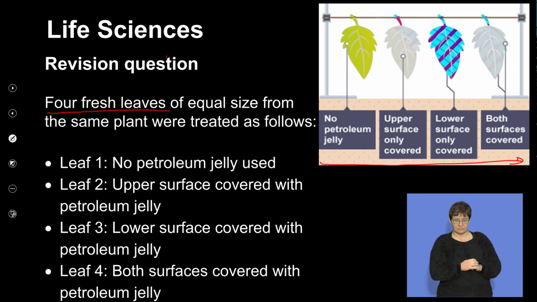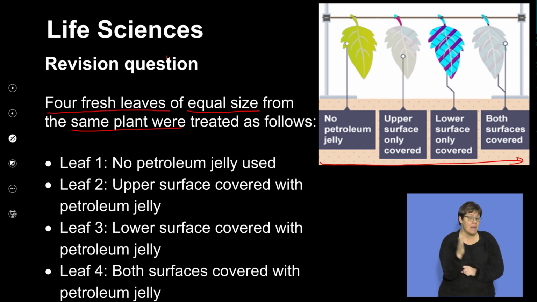Four fresh leaves, of equal size, from the same plant, were treated in different ways. One had no petroleum jelly. Now, petroleum jelly is actually Vaseline. Vaseline is a type of petroleum jelly, so please don't get confused by petroleum jelly. It's simply Vaseline.